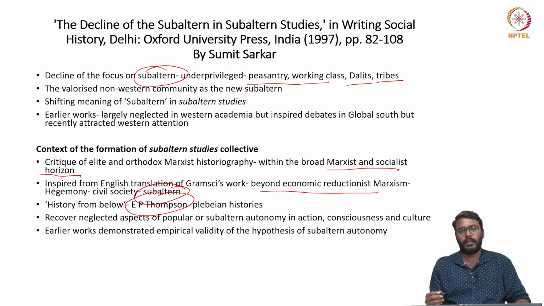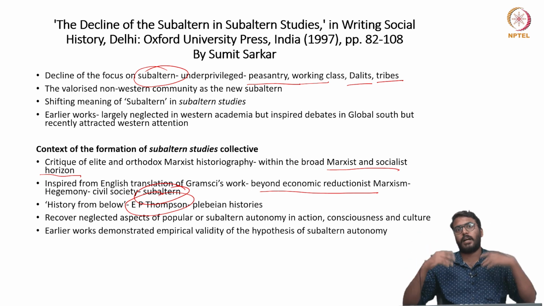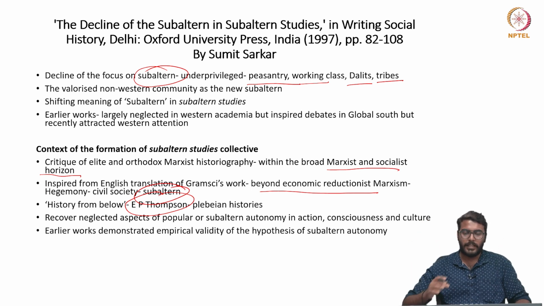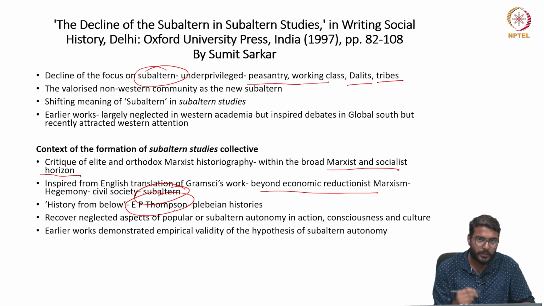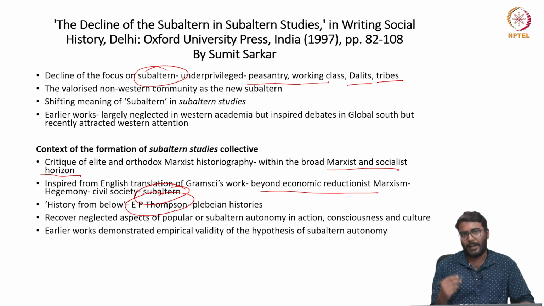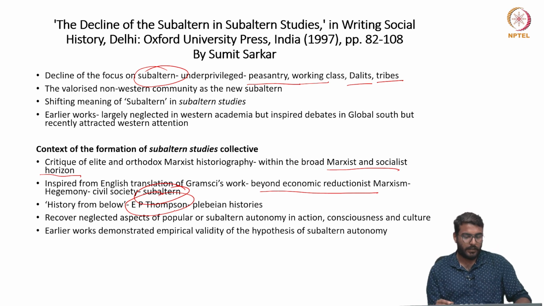Even the Marxist historians before Thompson looked at larger structures, and treated the peasantry or working class as mere objects of history, or objects of the history of capitalism. But E.P. Thompson adopted an approach of history from below, where you look at the social history of the peasantry or the working class from their own subjective experiences, right?